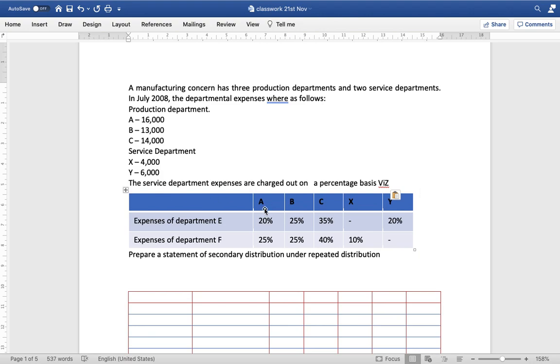So the service department expenses are charged out on a percentage basis. Expenses of department X go to department A 20%, department B 25%, department C 35% and department Y 20%.